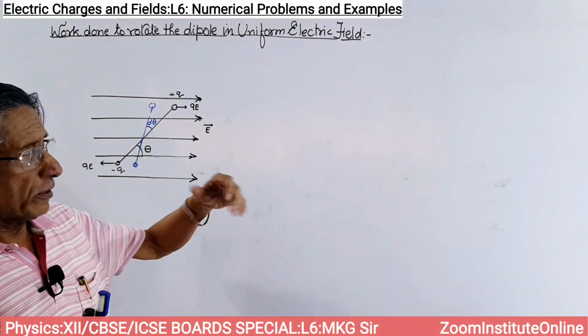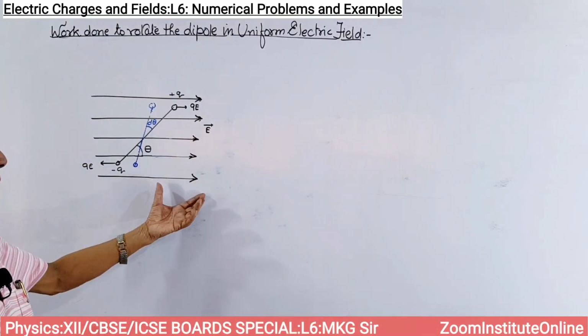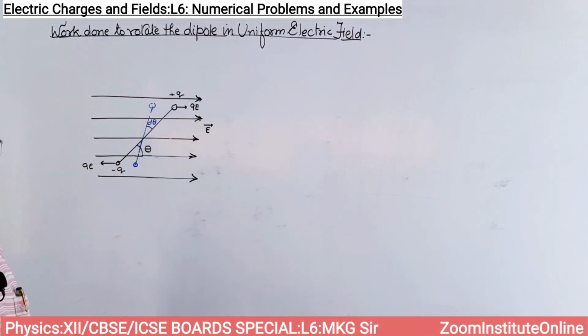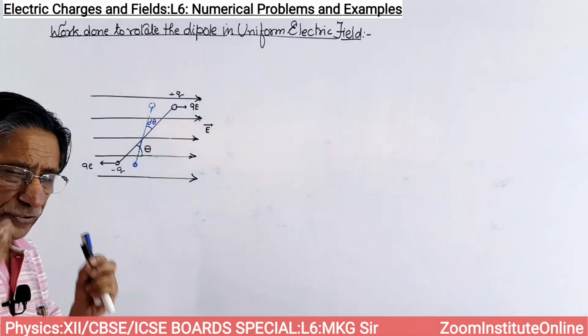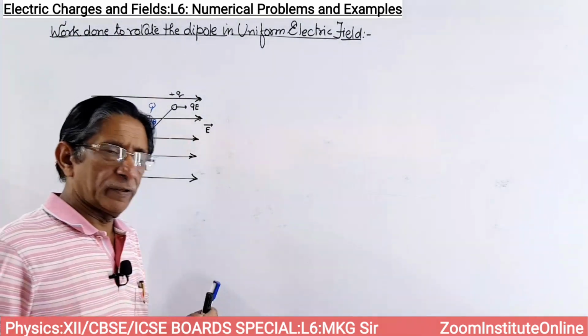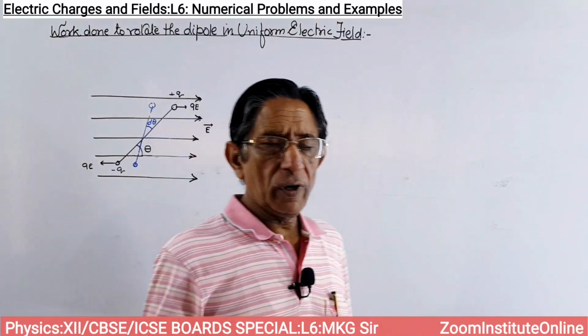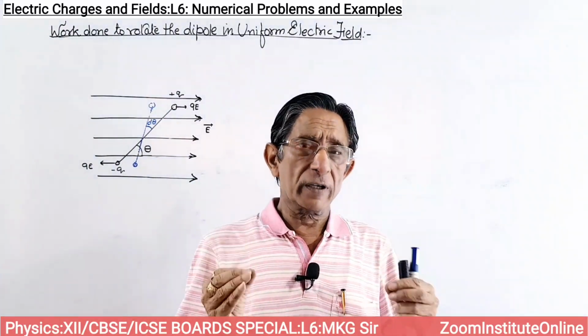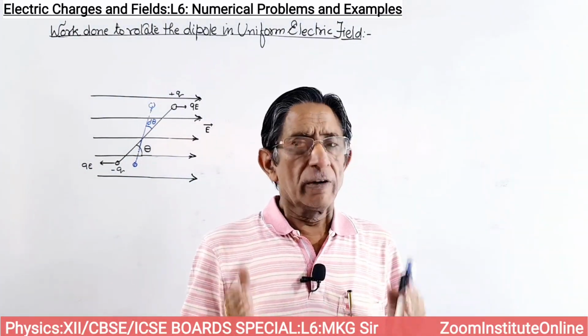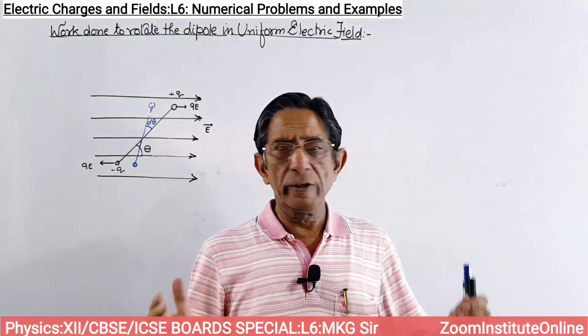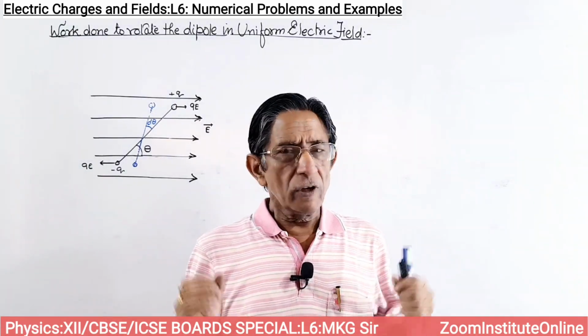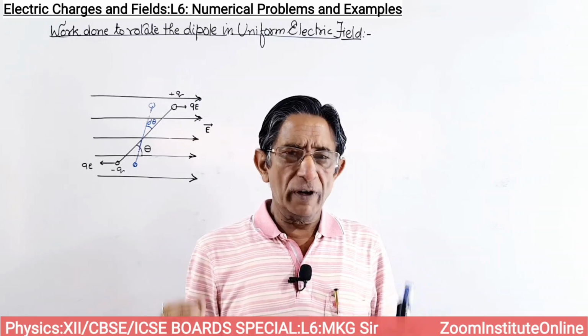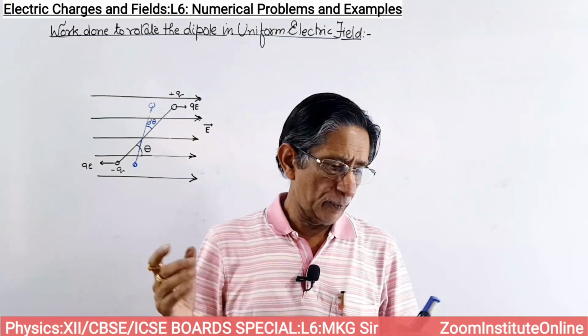So like in mechanics, here also when dipole is turned through a small angle or definite angle, work is to be done. So now our problem is to calculate the work. How much work is done when a dipole is rotated in uniform electric field. So let us proceed to calculate the work done to rotate an electric dipole.